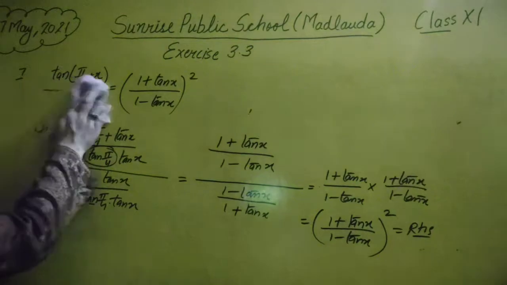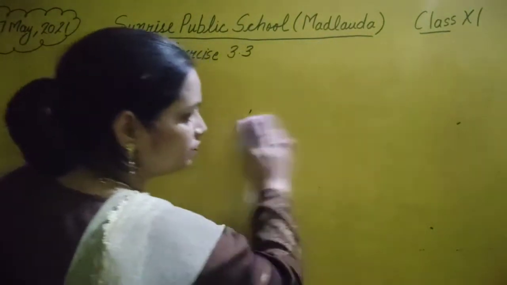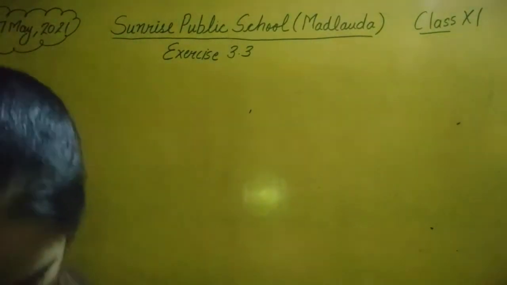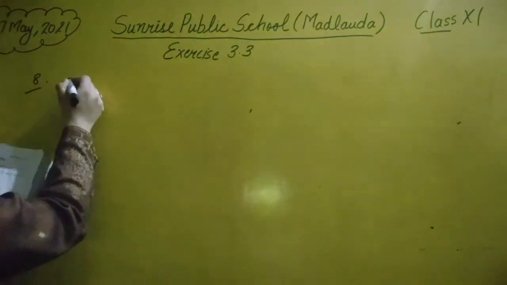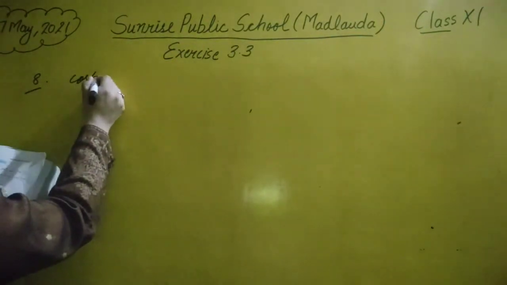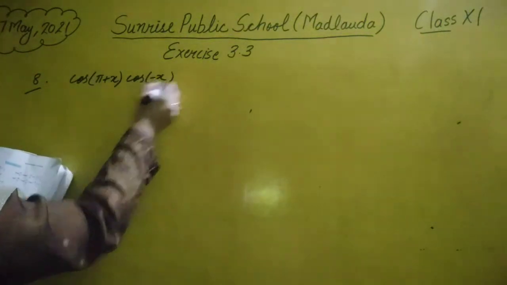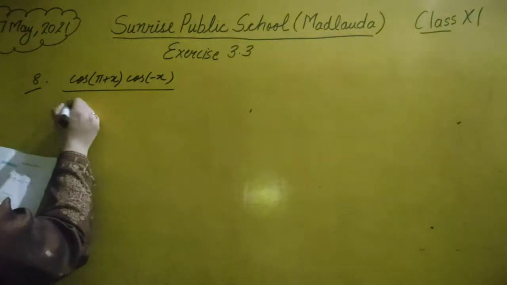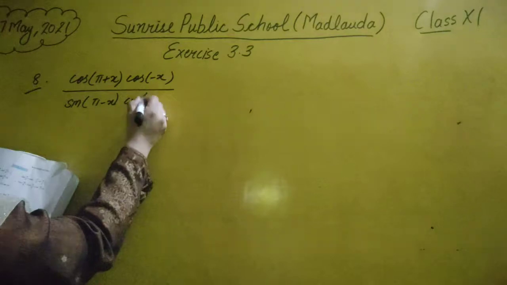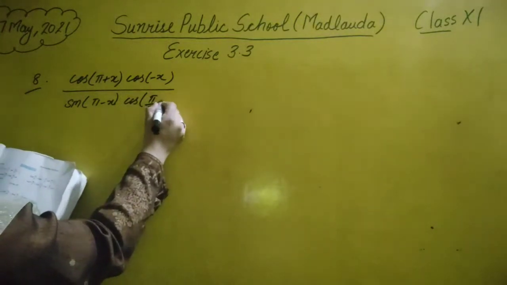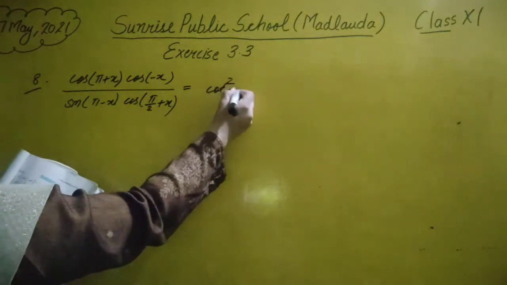Now in the next question, that is question number 8, we have cos of pi plus x, cos of minus x, in the denominator sin of pi minus x, cos of pi by 2 plus x, that should be equal to cot square x.